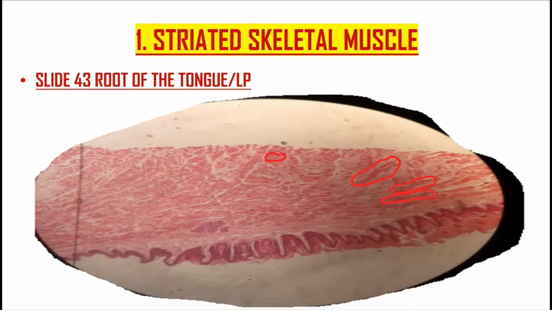I'm able to appreciate the muscle fascicles. These muscle fascicles are bands of muscle covered by connective tissue called the perimysium.